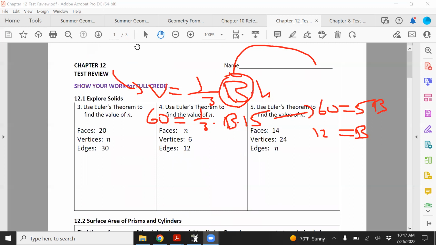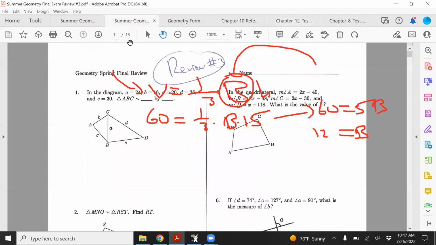The last one I'll talk about before I give you guys an early lunch break is I do want to talk about quadrilaterals. Let me put this last topic.